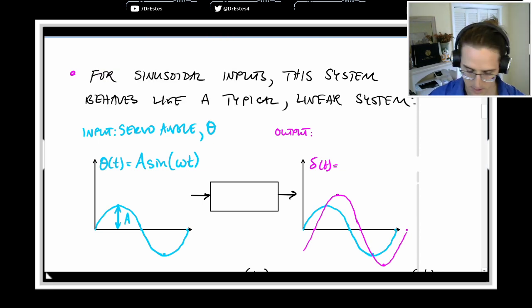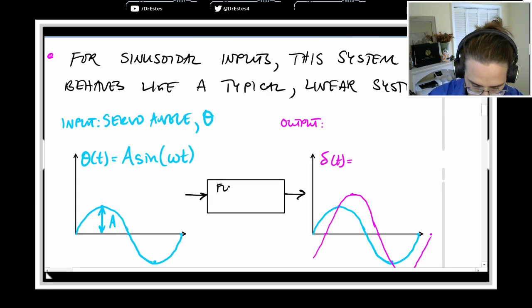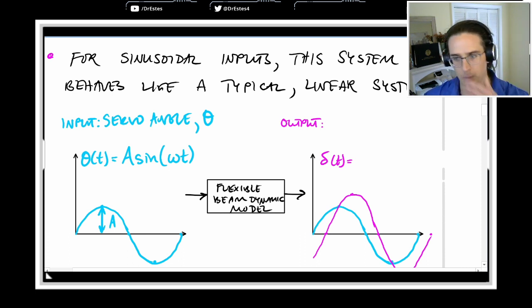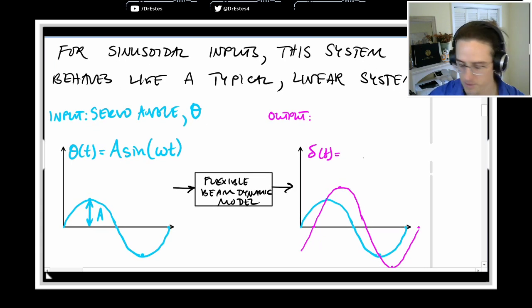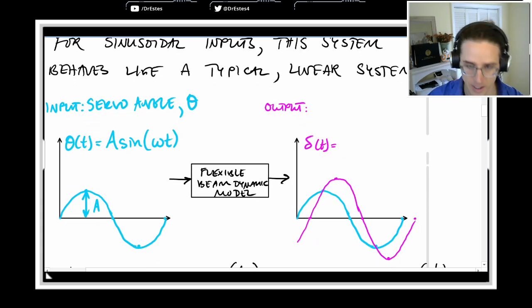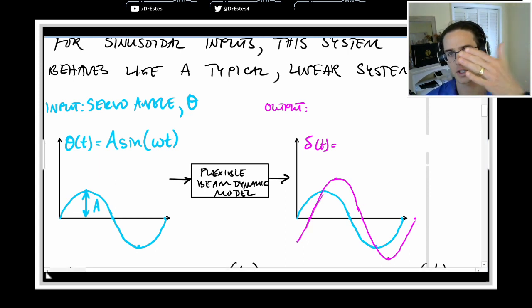But if you feed this through the flexible beam dynamic model, what is the tip deflection going to do? Well, we know that, let's say this pink line is how the tip of the beam is changing with time.